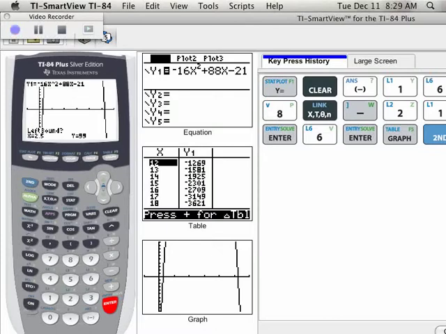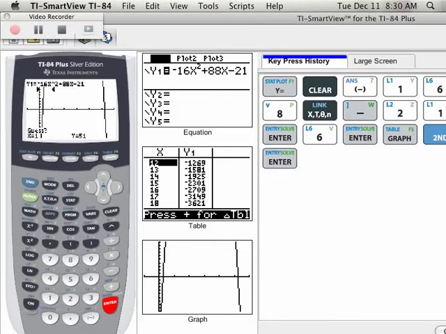Pick an x value. Well, it looks like 0 is to the left of where it's crossing. So I just type in a 0 and hit enter. And then it says, give me a right bound, which means just go to the right of where you think it's crossing. So it looks like it's crossing between 0 and 1. So I'm just going to put down 1 and then hit enter.